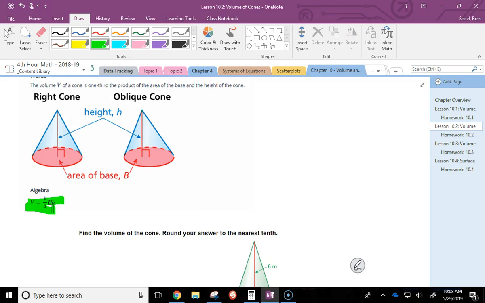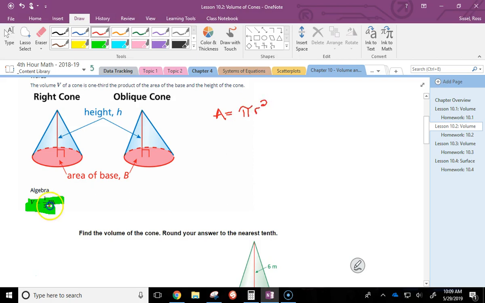Now, we should remember that on a cone, the base is a circle, right? What is the equation to find the area of a circle? Yeah. So when we find the area of our circle, and I'll use red since we're here, the base, the area is pi times r squared.